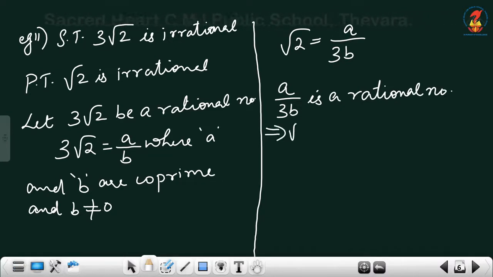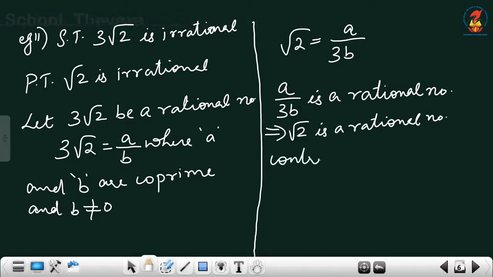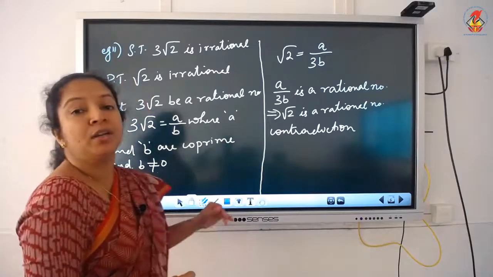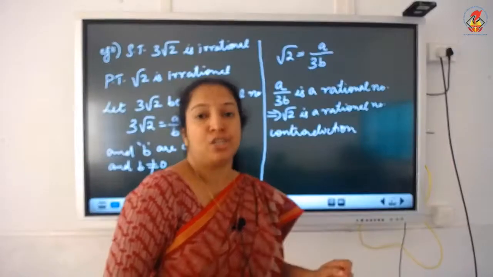This implies that root 2 is a rational number. This is a contradiction because root 2 is irrational. So our assumption is wrong and we can say 3 root 2 is irrational.